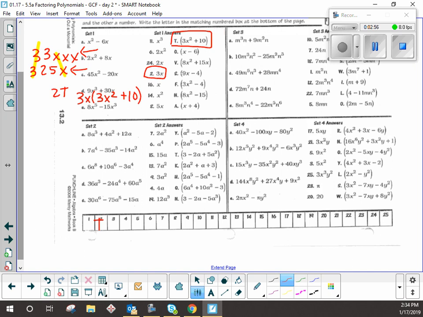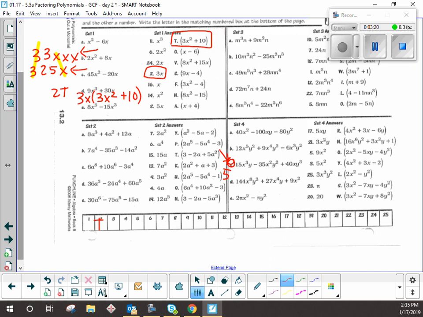So for example, I'm going to do this one right here, this C in set 4. I would look at the coefficients first, 15, 35, and 40, and I would just think for a minute, what's the biggest number that goes into all 3 of those? The answer is 5. All right. So I write down 5.